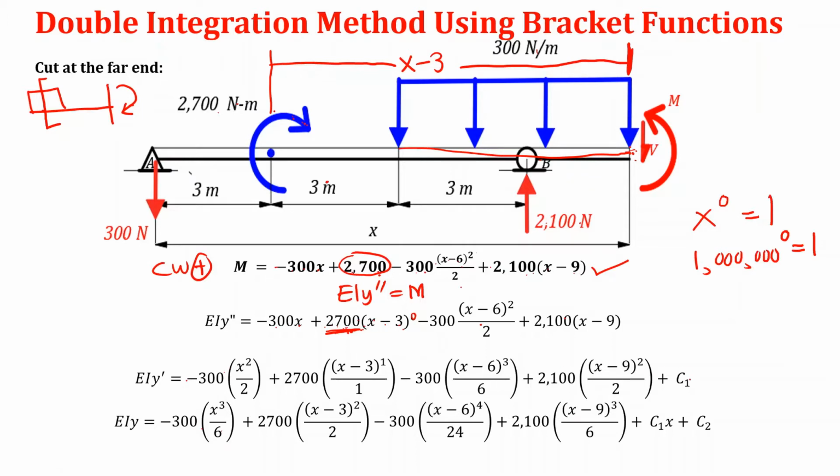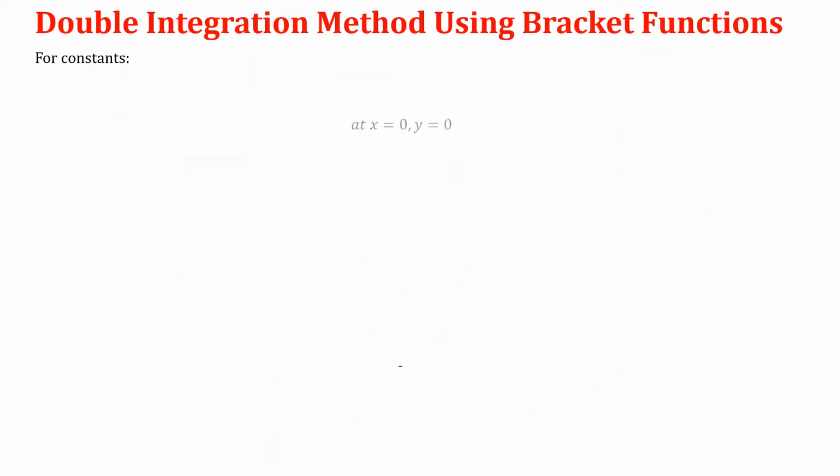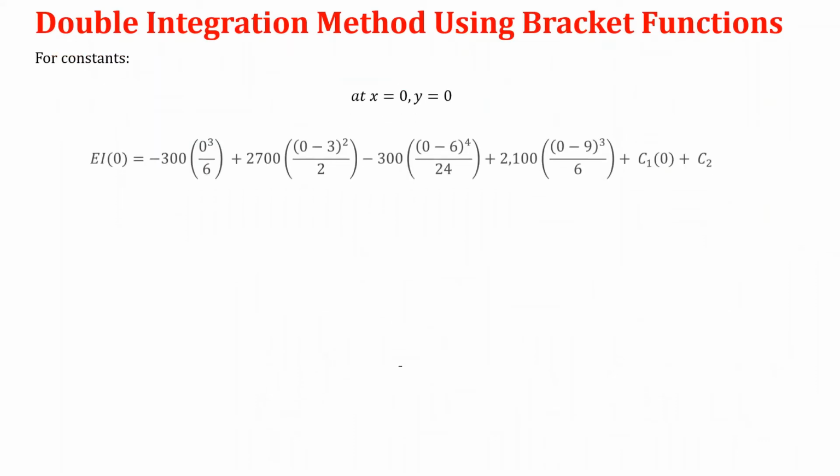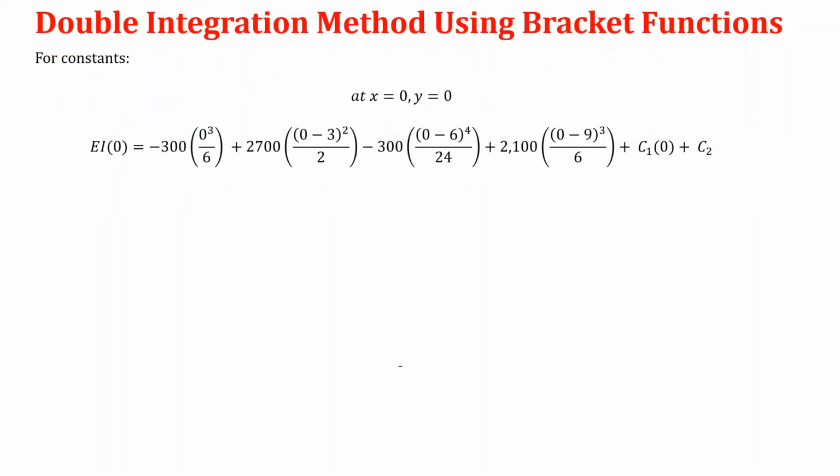So, we have C1 and C2. This is the slope equation. This is the deflection equation. Here, y prime is the slope and y is the deflection or displacement. Okay. So, get rid of C1 and C2 by applying boundary conditions.